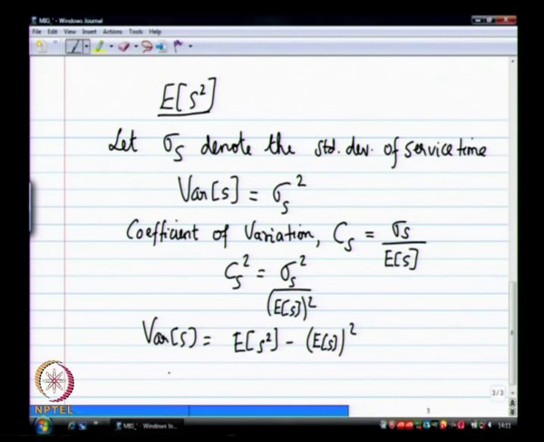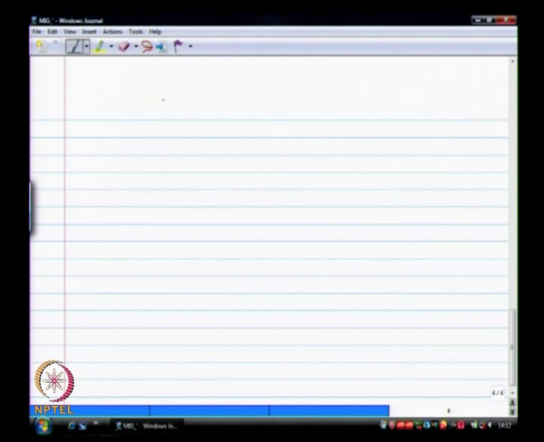Okay, let us take this one step further. So variance of S is also sigma squared, right.